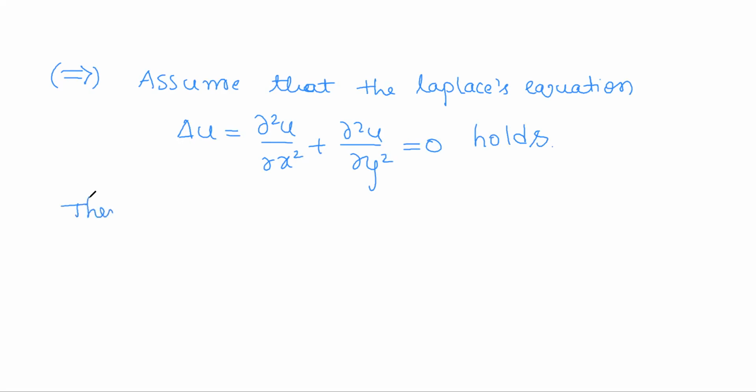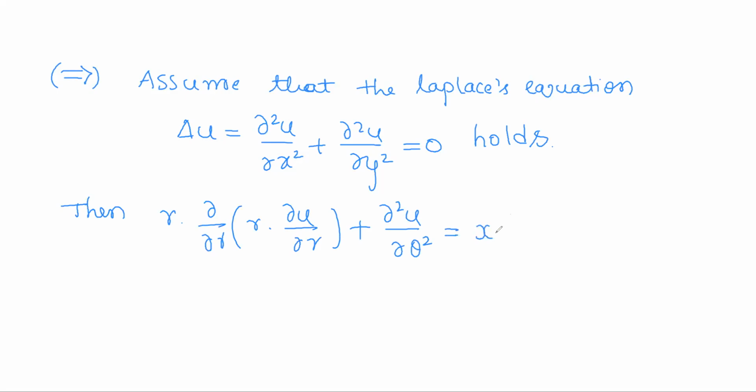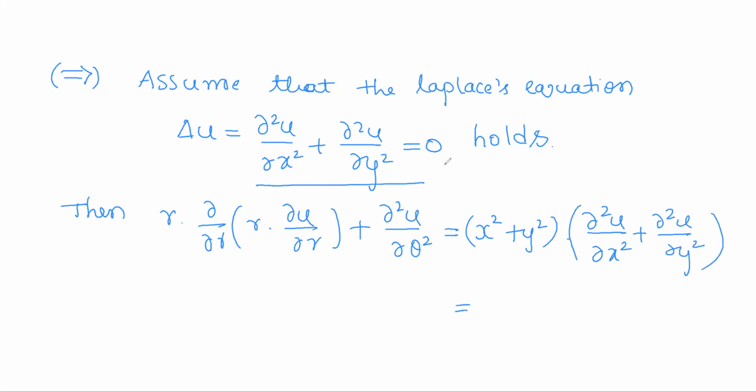Assume that the Laplace equation holds. Then consider the equation r ∂/∂r of r ∂u/∂r plus ∂²u/∂θ². Now we have proved it to be (x² + y²) into (∂²u/∂x² + ∂²u/∂y²). Right? Now we have assumed the Laplace equation holds.